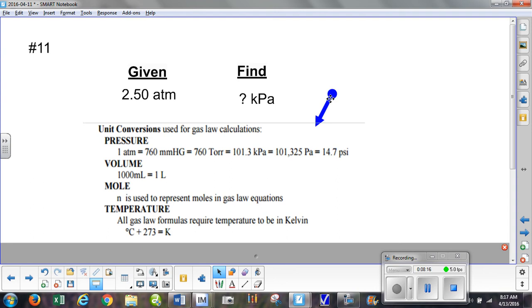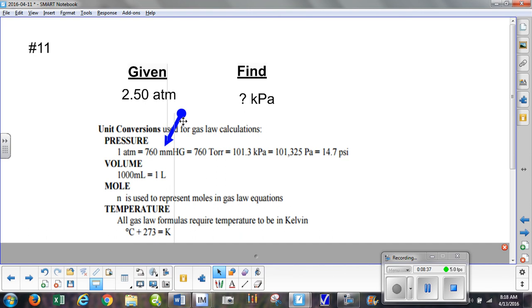Now, what do you need to do a conversion from millimeters of mercury to kPa? You need to know the number and the unit of measure. And it's very simple. If you're given millimeters of mercury, this guy is 760.